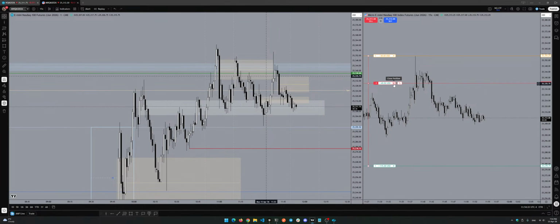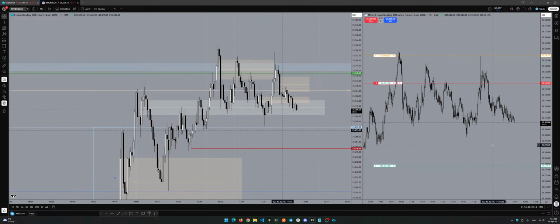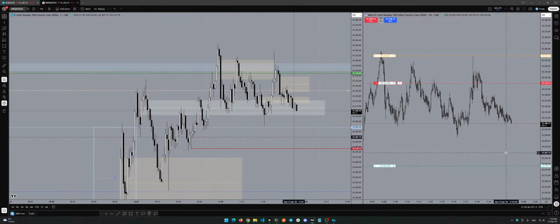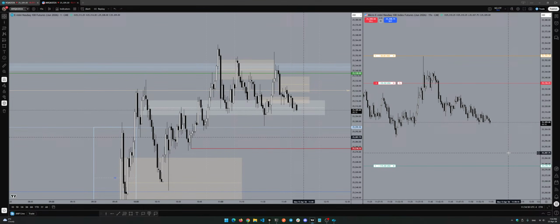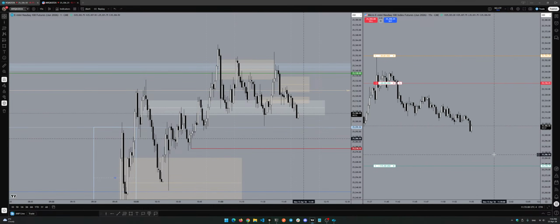Macro doesn't do anything. I really want to take this, but I'm hoping for the macro to play out. Back into the silver bullet.